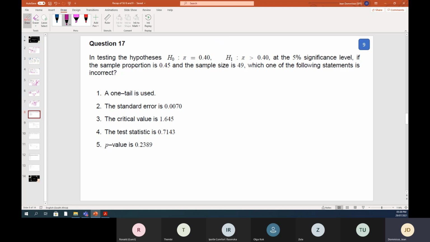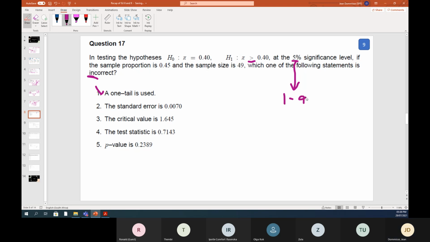So again, how I normally look at this is, let's run through the question and then we mark off the things that we do know, and normally we need to get to the incorrect one. So in testing the hypothesis, we've got the null hypothesis, we've got the alternative. Okay, bigger than means one tail. Okay, so it is one tail. At the 5% significance level, so alpha is the 5%.